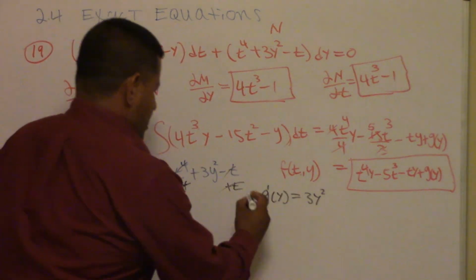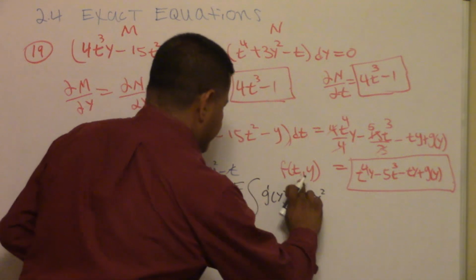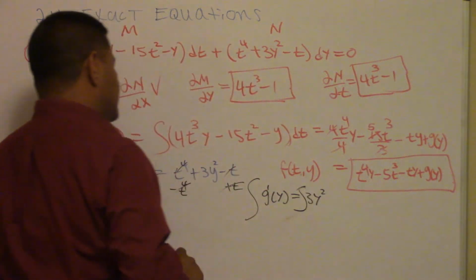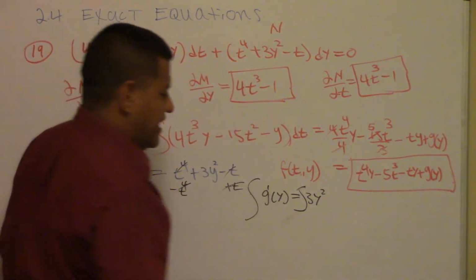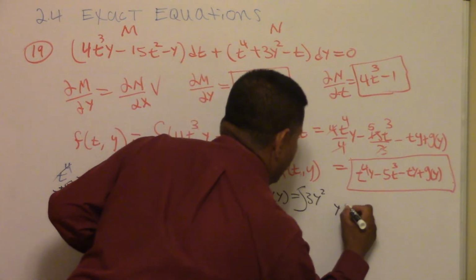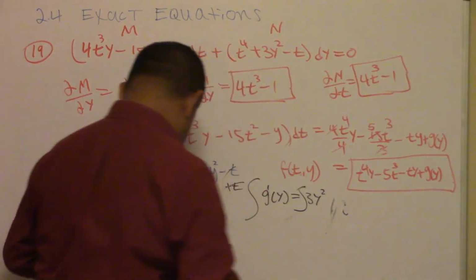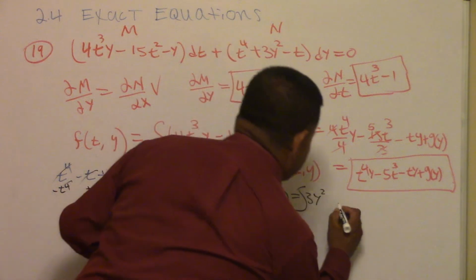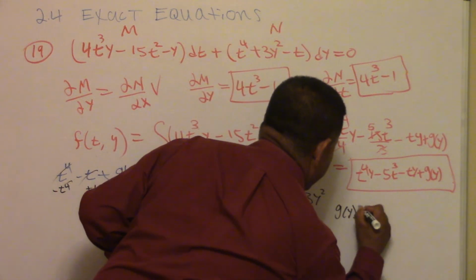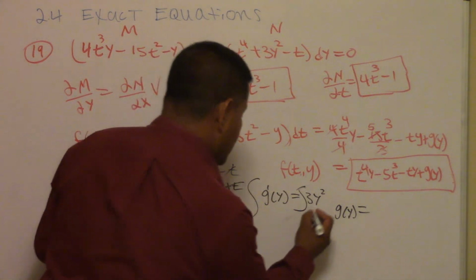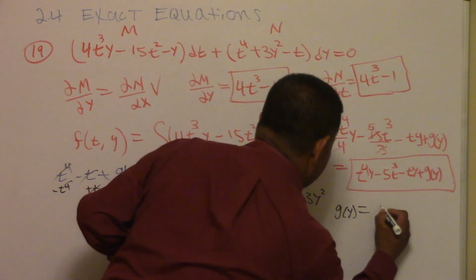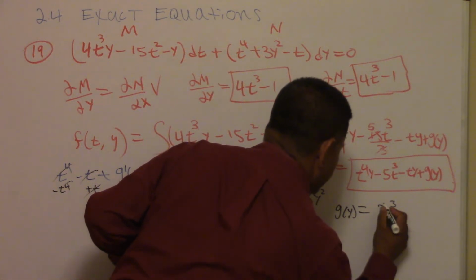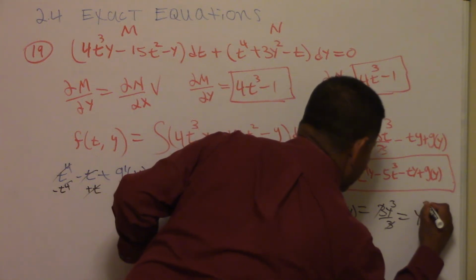Now, I am going to integrate on both sides. So when I do the integral on both sides, I get g of y equal to, if I integrate this, 3y cubed over 3, which is equal to y cubed.